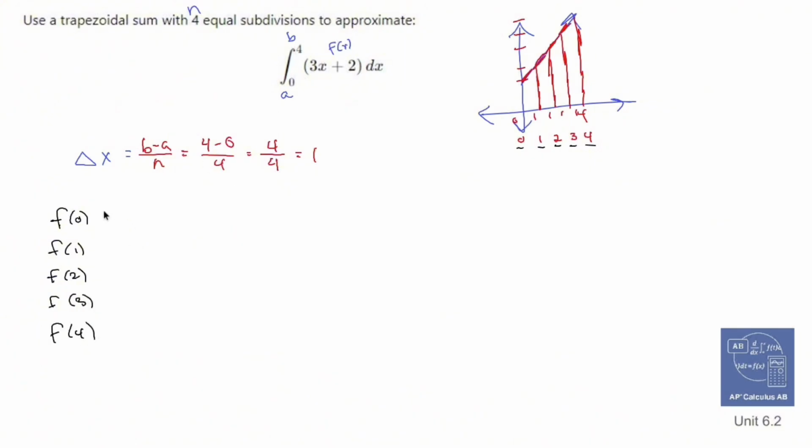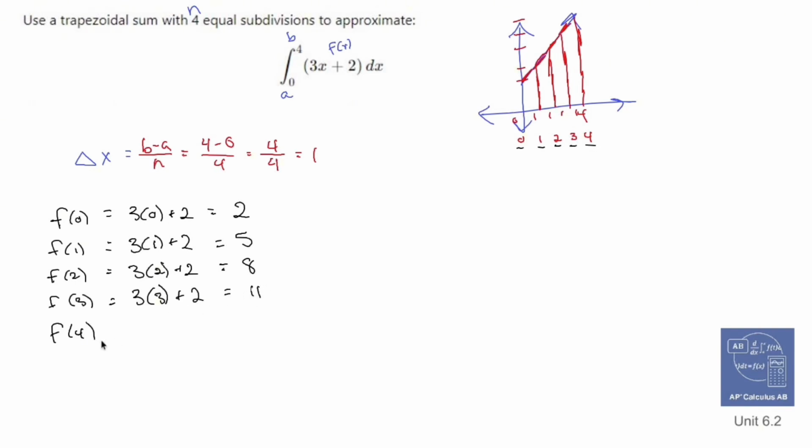I do that by using that formula right there. 3 times 0 plus 2 is nothing plus 2, which is 2. 3 times 1 plus 2 is 3 plus 2, which is 5. 3 times 2 plus 2 is 6 plus 2, which is 8. 3 times 3 plus 2 is 9 plus 2, which is 11. 3 times 4 plus 2 is 12 plus 2, which is 14.